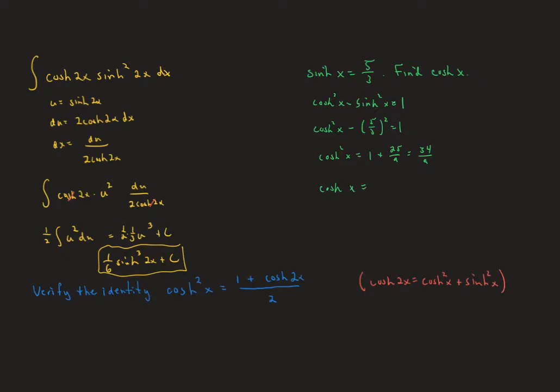And we know that a hyperbolic cosine, if you remember, that's the one that looks like a parabola, sort of, but it's always positive because it's e to the x plus e to the negative x over 2. So when we take the square root, we want only the positive square root and not the negative one. And so we can call that the square root of 34 over 3. So there's our hyperbolic cosine of x.